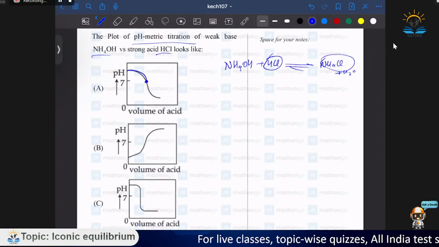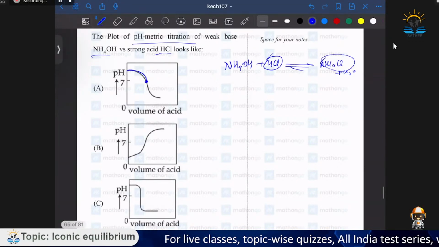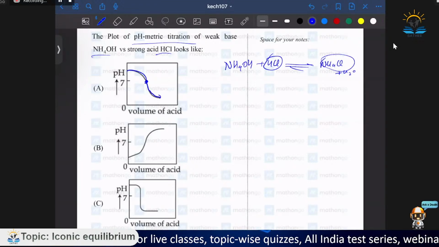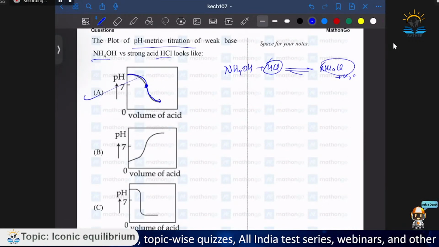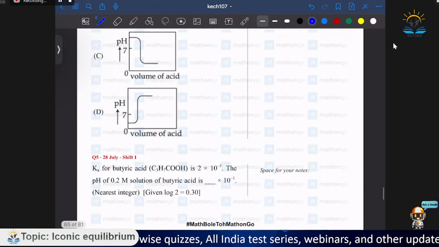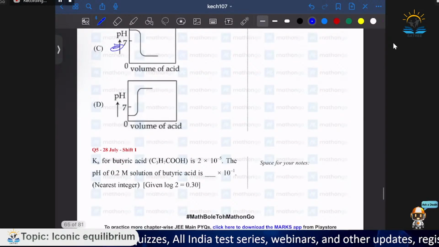After a point, it will go less than 7. So yeah, this is your answer. Such drastic changes will not be seen.